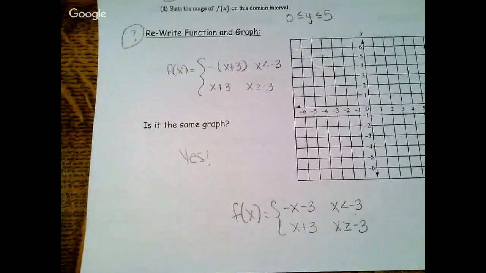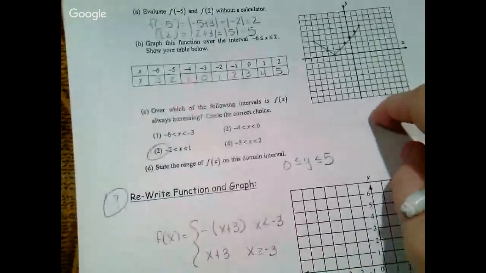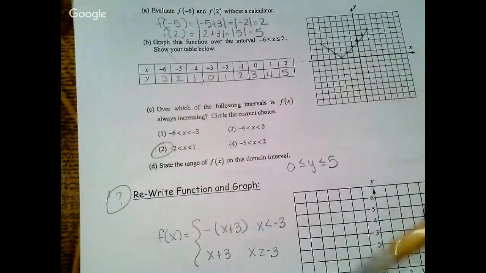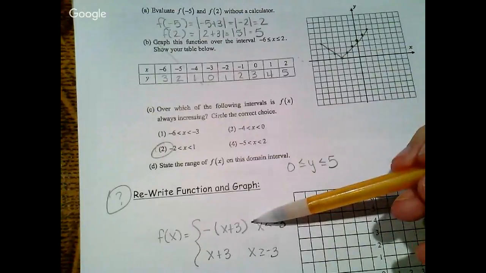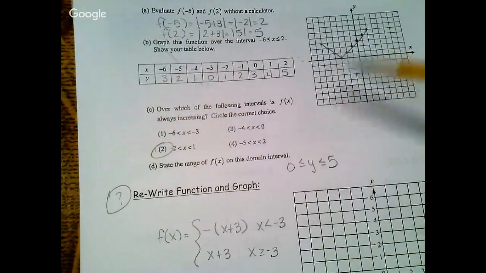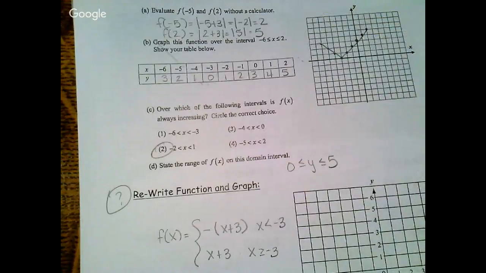The key thing to remember is that when we rewrite it as a piecewise function, for all values on the left of the tip of the V, we need to negate what's inside the absolute value. And for all x values greater than the tip of the V, we keep it exactly the same as what's inside the absolute value function.